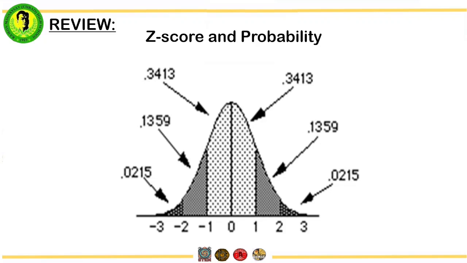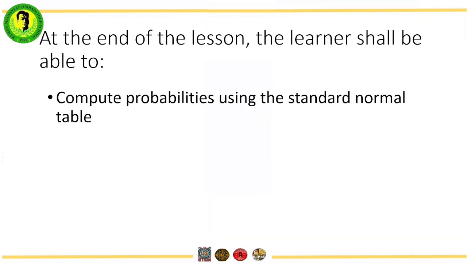Then we can look up the probability associated with the z-score in a standard normal distribution table and find the area under the curve to the left of the z-score. So actually, that is our topic for today: how to compute the probability based on the z-score that we have. So let's start.